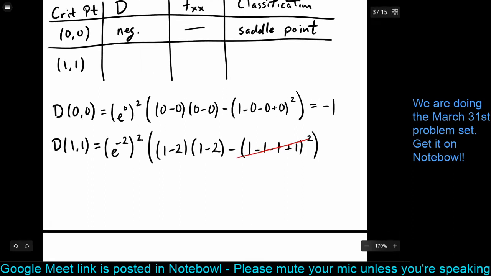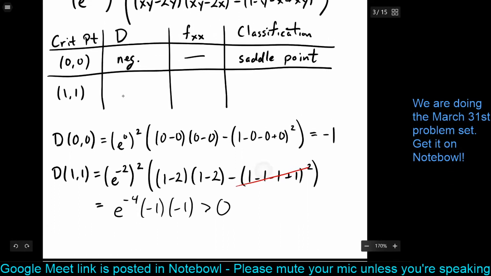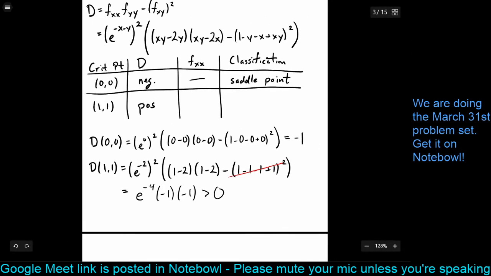So we get e to the minus 4 times negative 1 times negative 1. This is going to be a positive number because these two negatives are going to cancel out. So since that's positive, I actually do care what fxx of 1, 1 is.